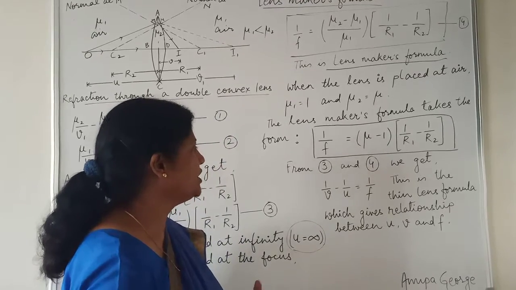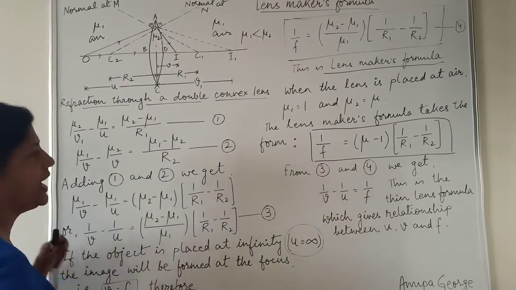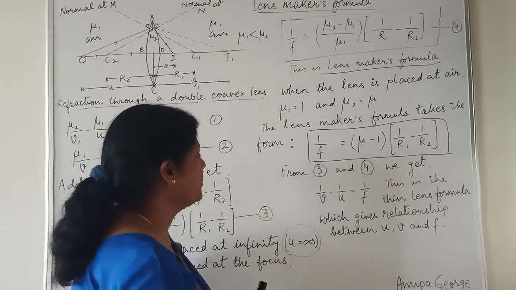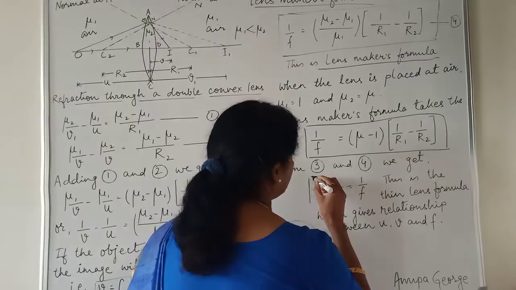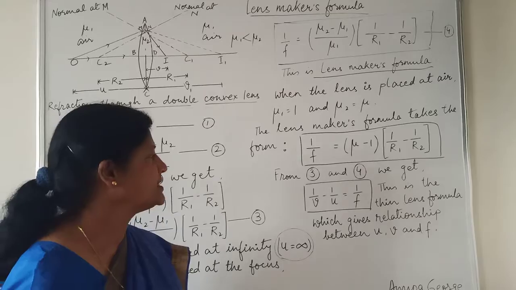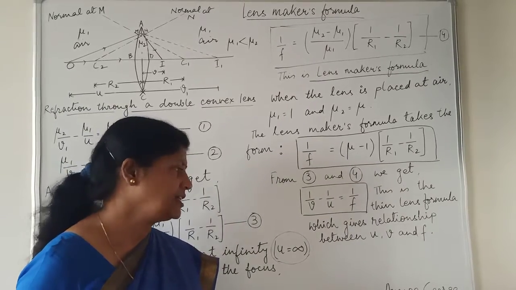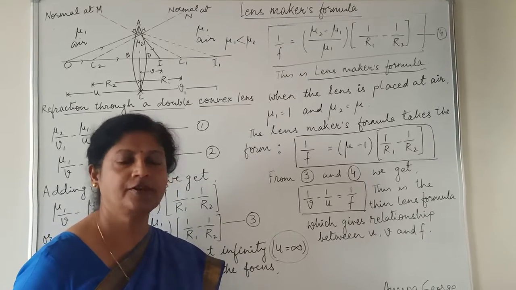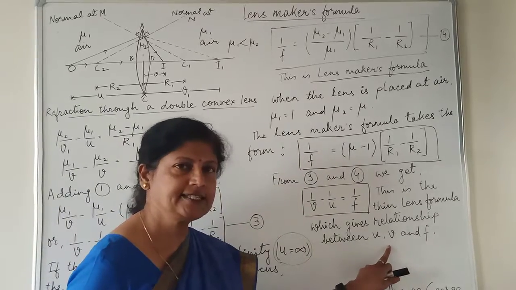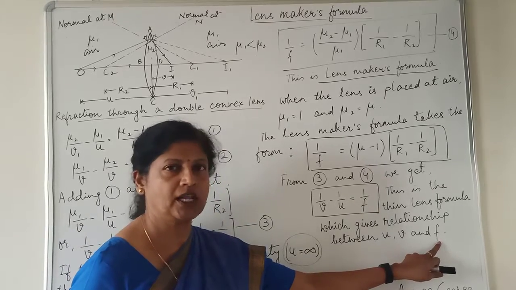From equation 3 and equation 4, we get 1 upon v minus 1 upon u is equal to 1 upon f. This is the thin lens formula which gives the relationship between u, v and f. U is object distance, v image distance, f focal length.